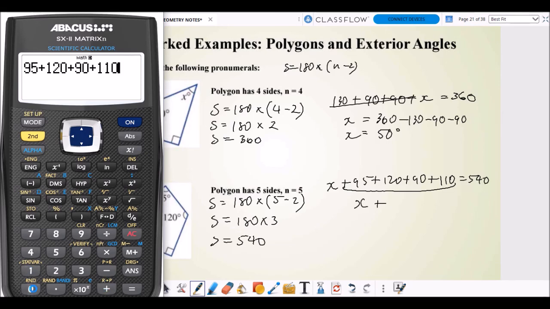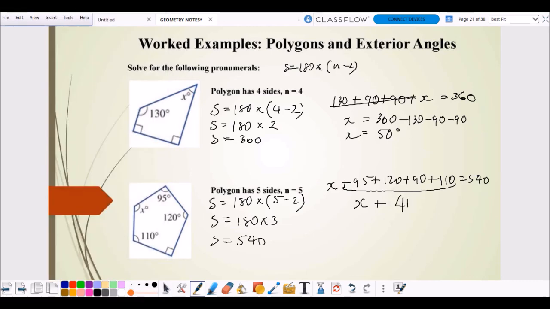All that together equals 415, so x plus 415 equals 540. Then you start isolating the x by taking away 415. That makes it easier, doesn't it? So this angle x is equal to 125.